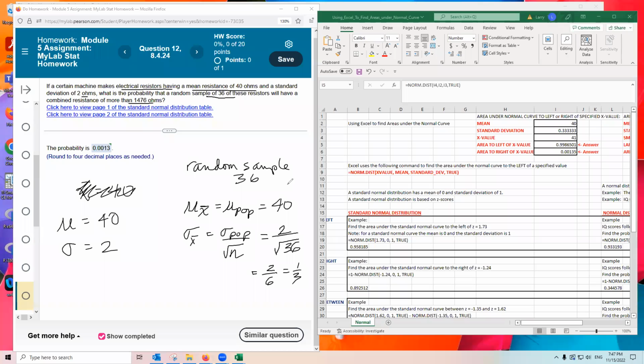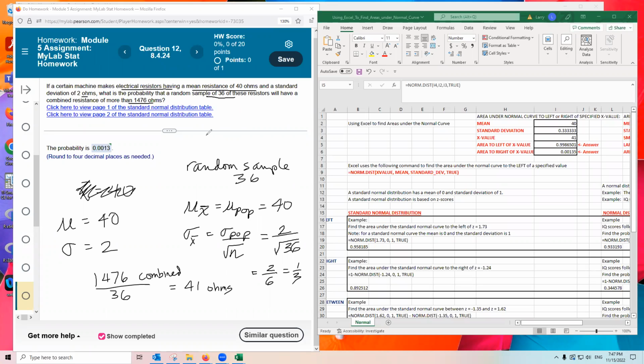All right, here's the question. Find the probability that a sample of 36 of these resistors will have a combined resistance of 1476. Well, what that would mean is each resistor, if I take the 1476 combined and divide it by each one of the 36 resistors, it means I'm looking for a resistance of 41 ohms per resistor.